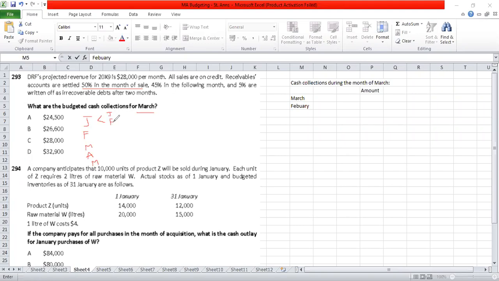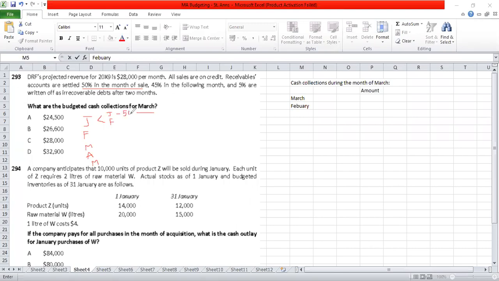One part is received in January, one part will be received in February. How much will be received in January? 50%. How much in February? 45%. So here it is 50%, and this is 45%.